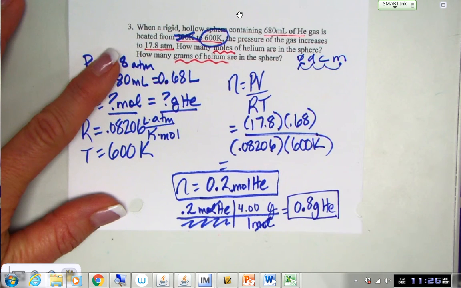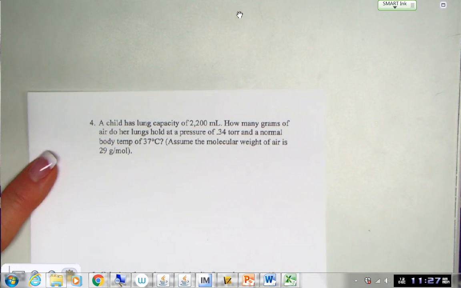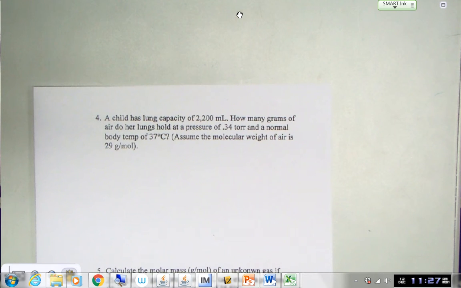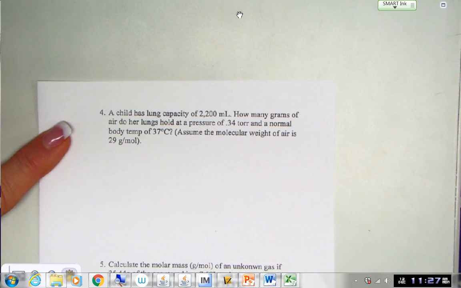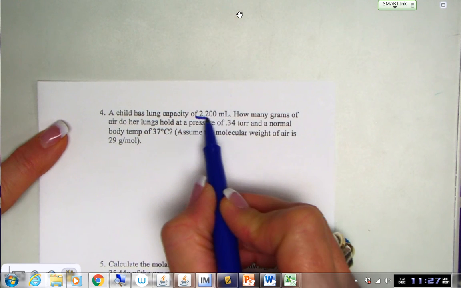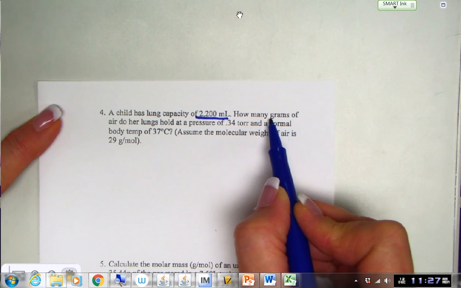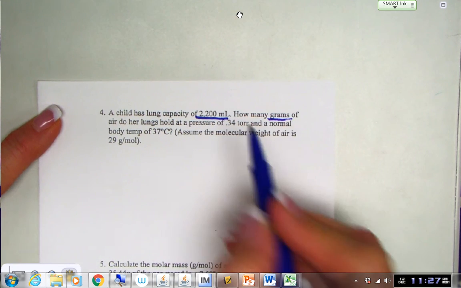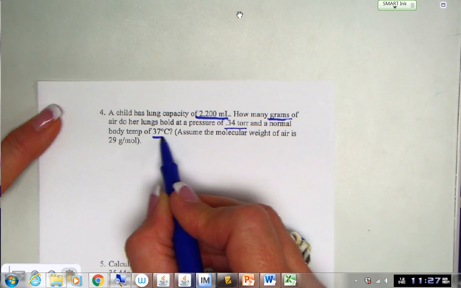All right, let's move on to example 4. Example 4 says a child has a lung capacity of 2,200 milliliters. How many grams of air do her lungs contain at a pressure of 0.34 torr and a normal body temperature of 37 degrees Celsius?